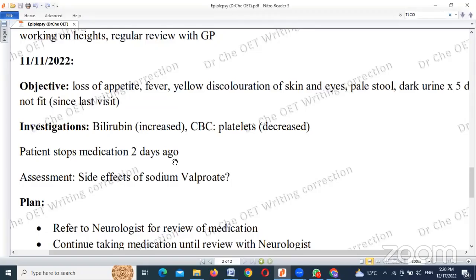What I did when I wrote this is: loss of appetite is a symptom, fever is a symptom, okay. Yellow discoloration of skin and eyes, you can consider as something like an examination. Yes or no?